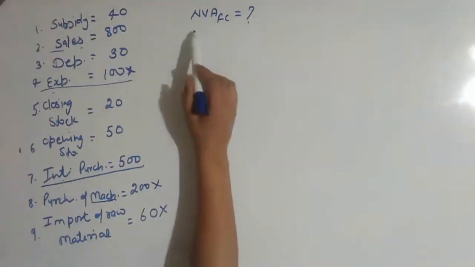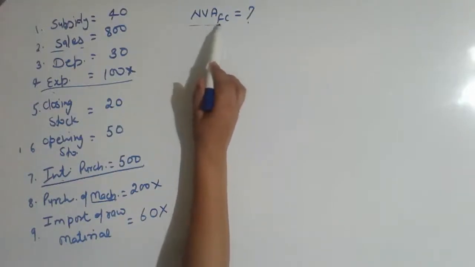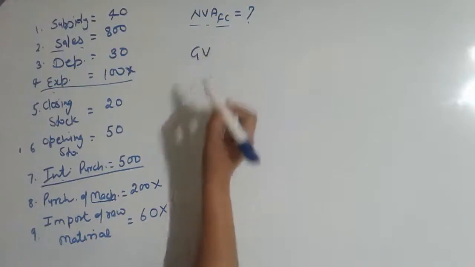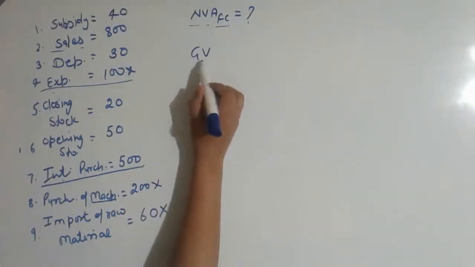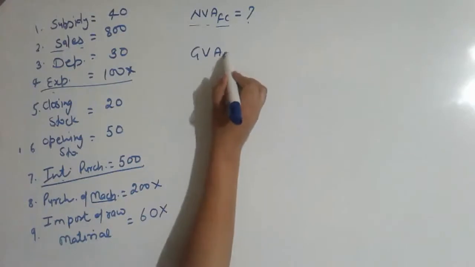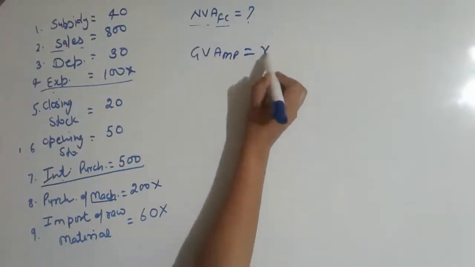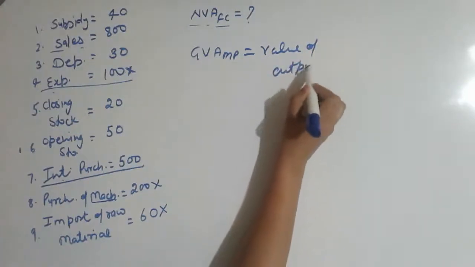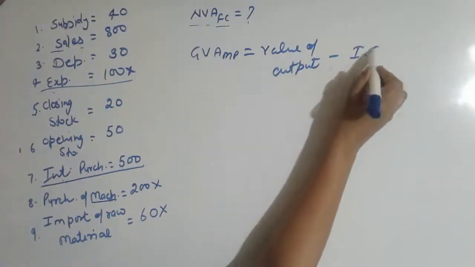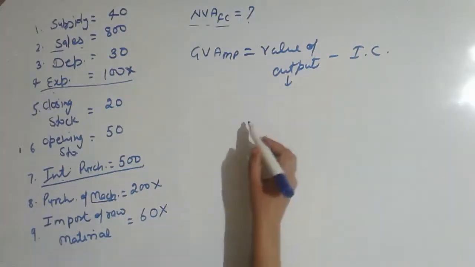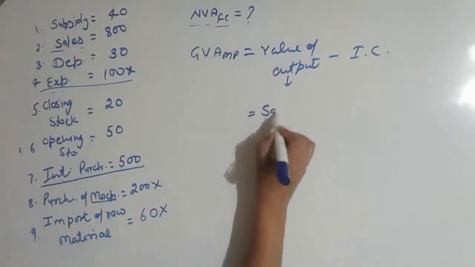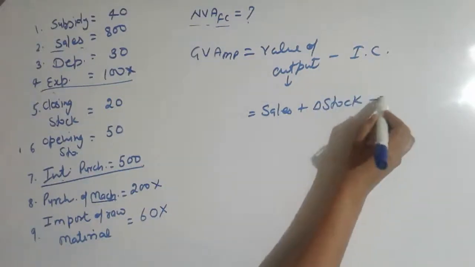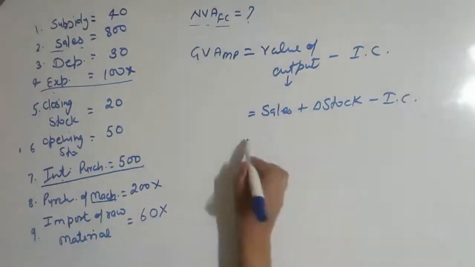Now solve this question. In this question we have to calculate net value added at factor price, but we know the formula of gross value added at market price equal to value of output minus intermediate consumption, and value of output equal to sales plus change in stock minus intermediate consumption.